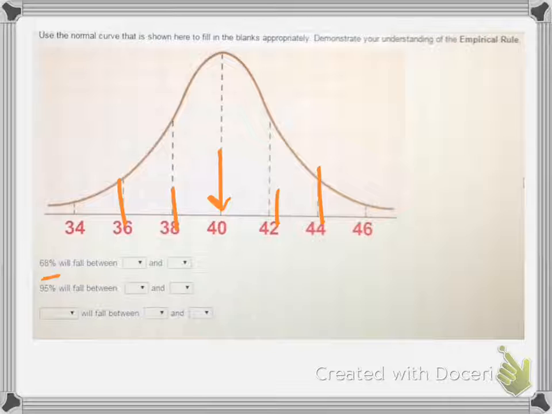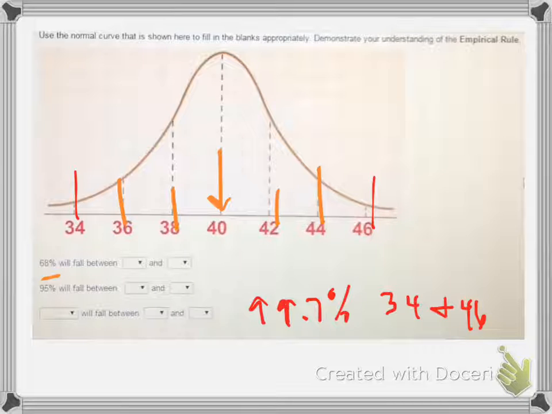And that last statement would be 99.7%. 99.7% would fall between the 34 and the 46. Again, this is 95 between 36 and 44, and this is 68 between 38 and 42.